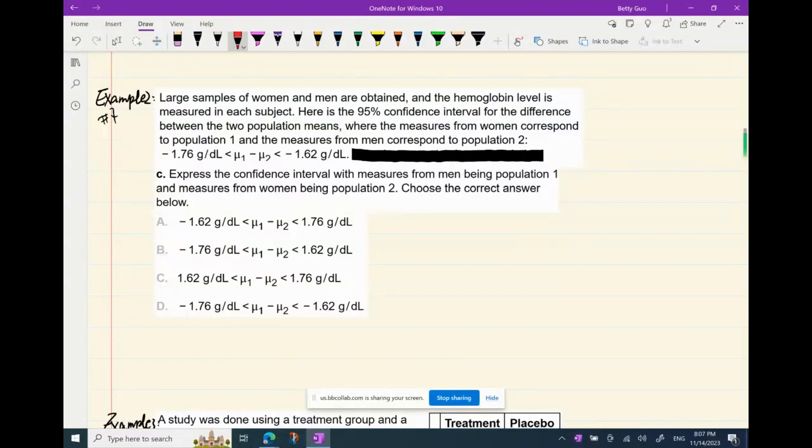Let me write it down. Female is population 1, so mu 1. Male is population 2, so mu 2.